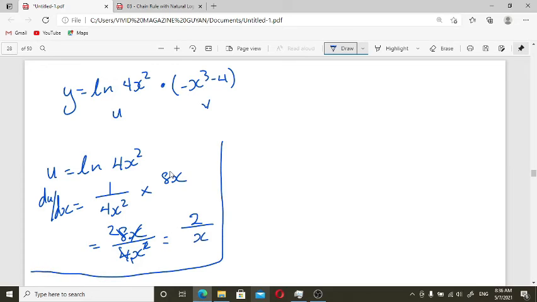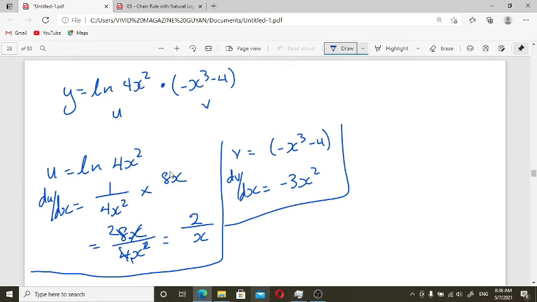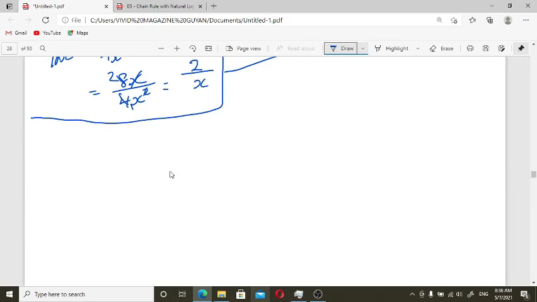That's u. And now for v, this is equal to minus x cubed minus 4. So dv dx is equal to minus 3x squared. So remembering that we have to follow the product rule, so u dv dx plus v du dx.